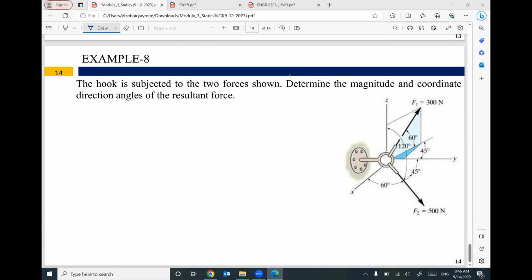Okay. Let's do example number 8, which is the most typical problem in this module.